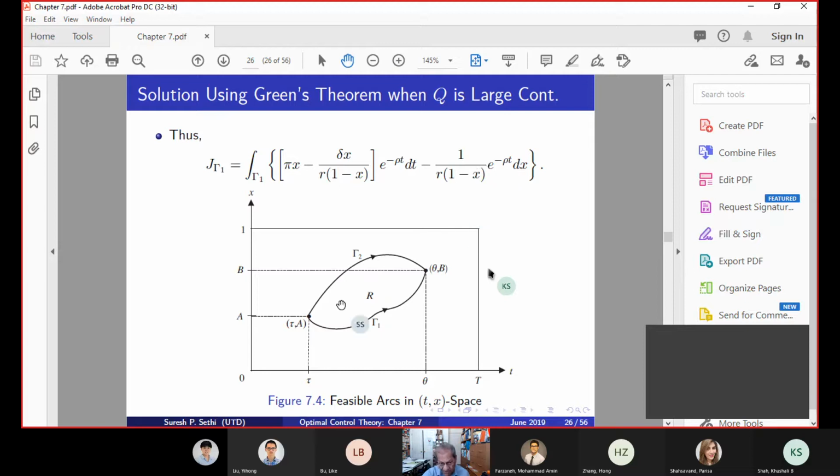So if I have one path given by one feasible control trajectory, and another path by another feasible control trajectory, I can compare the profits of those paths by computing the line integrals. That is something I can do.